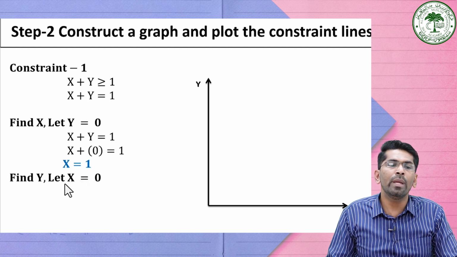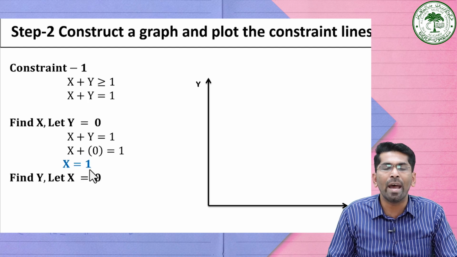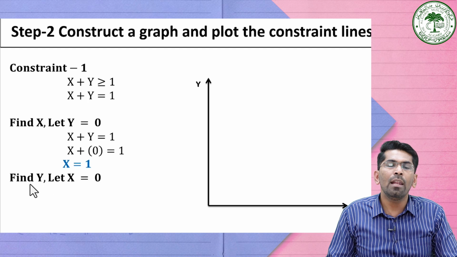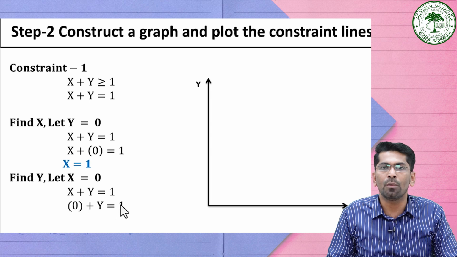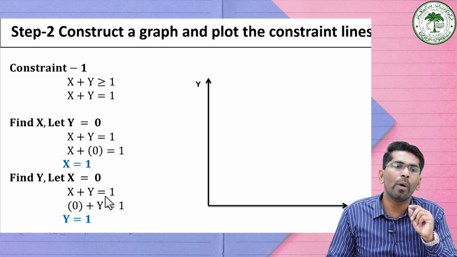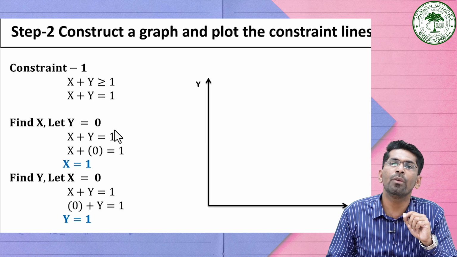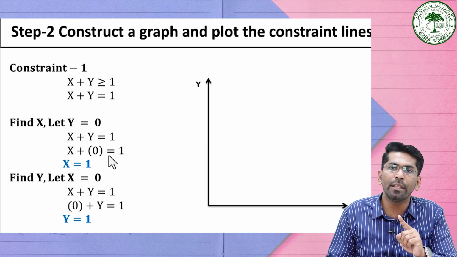Similarly, by assuming x is equal to 0, we can find the value of y: 0 plus y is equal to 1, that means y is equal to 1. So when x is equal to 0, the value of y is equal to 1. So we found two coordinate points of constraint 1, and we are going to plot them in the graph.